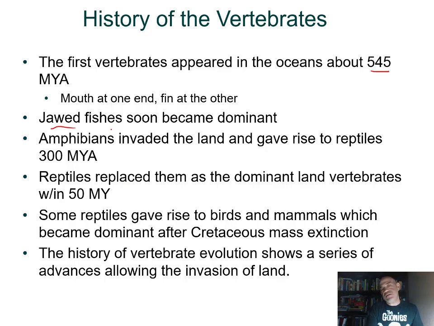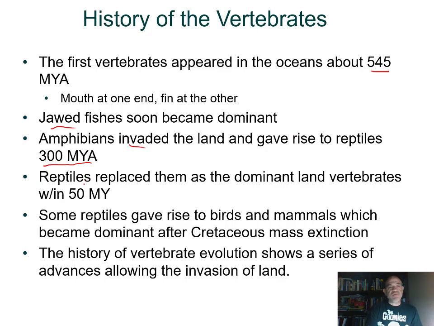Eventually, a common ancestor to today's fish and amphibians moved on to land, much like the way plants moved on to land. And so the amphibians invaded land, and there was a great diversity of amphibians, but one group gave rise to reptiles about 300 million years ago.